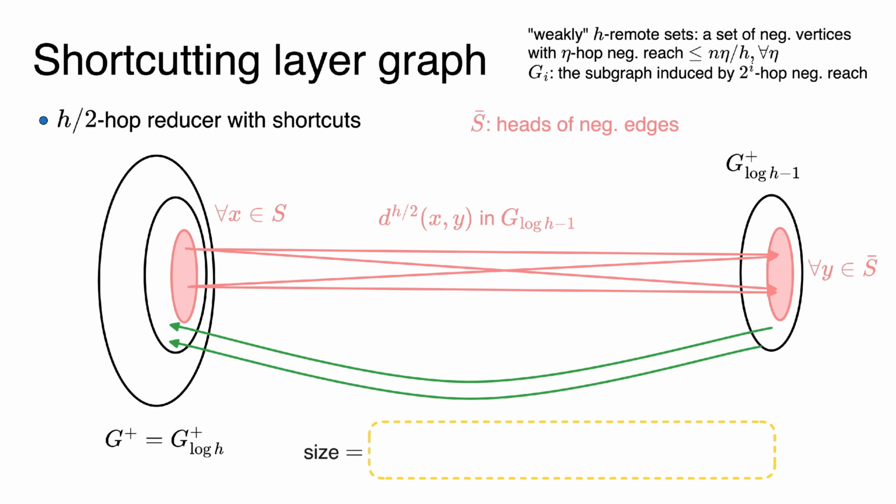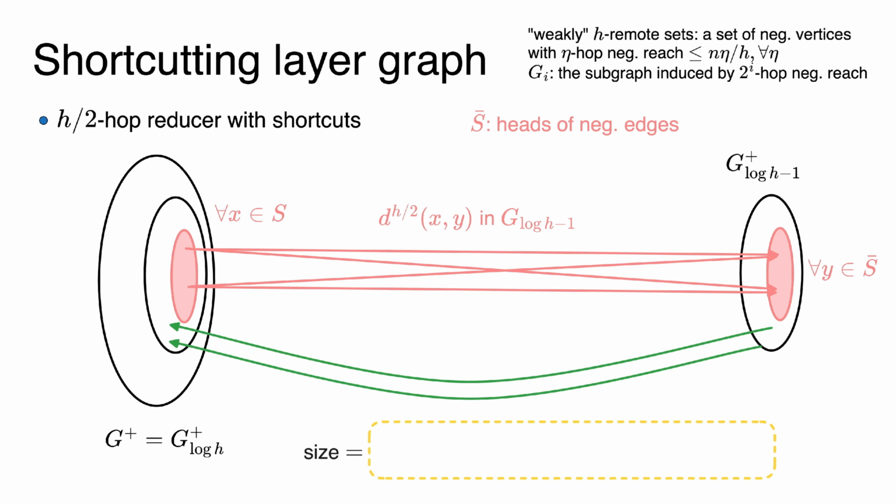So maybe we can skip building out these intermediate layers. Instead, we add these all-to-all shortcuts between all the negative vertex pairs with length equal to the H over 2 hop distance in the smaller graph G log H minus 1.